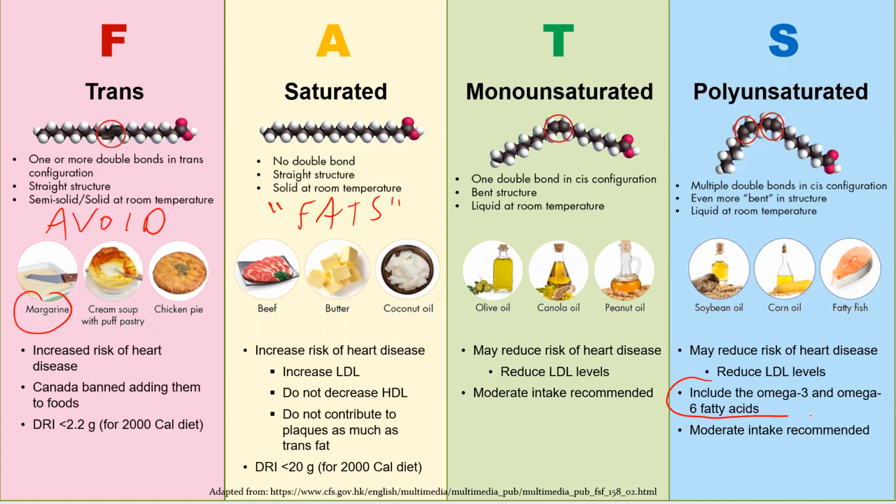These are the omega-3 and omega-6 fatty acids, and these are the ones they're saying, hey, let's eat a bit more of those, or at least not eat more fat, but substitute, right? So you can almost think of this as a let's try to move in this direction chart. Not necessarily eat more fat, but let's try to eat a bit more mono and polyunsaturated fats rather than the other things.